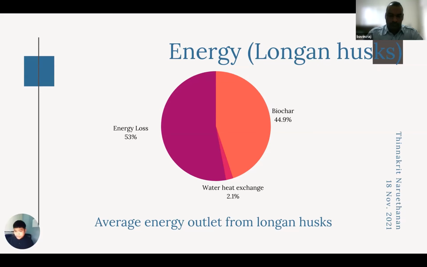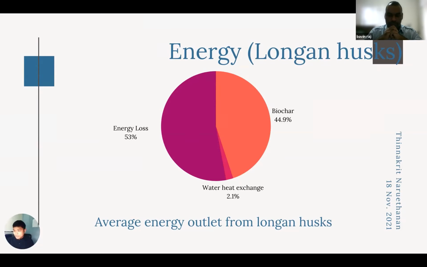mountain husk, 44.9% and 2.1% and 53% respectively. From the foregoing, it was found that energy of biochar varies because the property of each biomass are different.